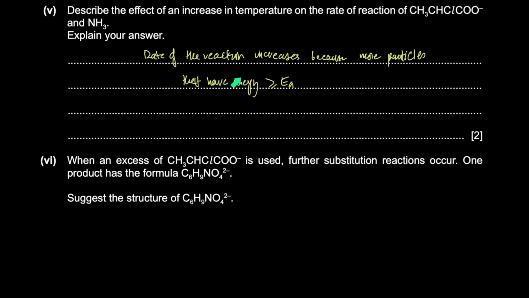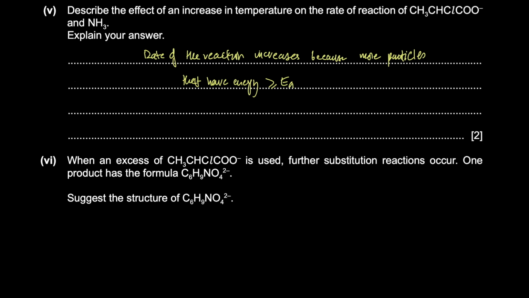This is the Boltzmann distribution, if you remember. If you increase the temperature, if you had this as your initial graph, your graph shifts to the right. So your number of particles above the activation energy increases. And why do more particles have energy greater than the activation energy?